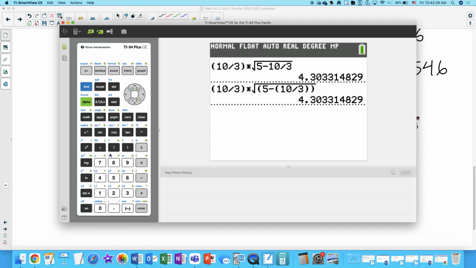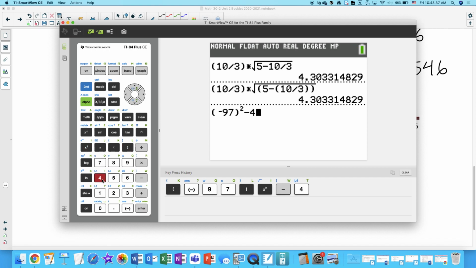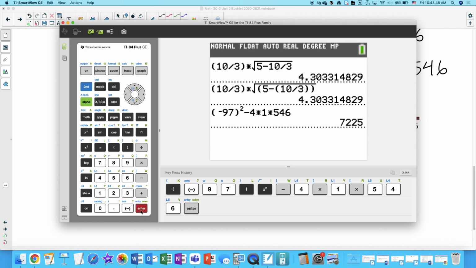So b squared minus 4ac, make sure to enter it as you see it, meaning the negative 97 should be in brackets. B squared minus 4 times 1 times 546. And I am getting 7,225.